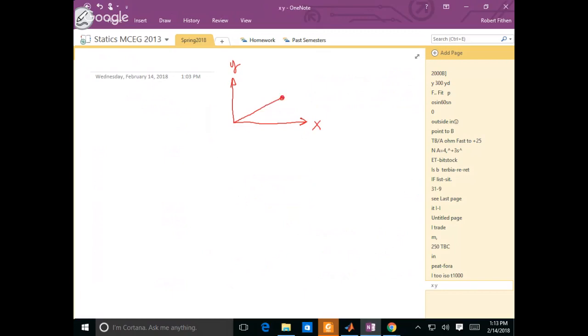Let's say this is a wrench. So let's make this a wrench, okay? And I'll say this is 4 long. I'll say this is 3 long. So that makes this whole wrench equal to 5 units.